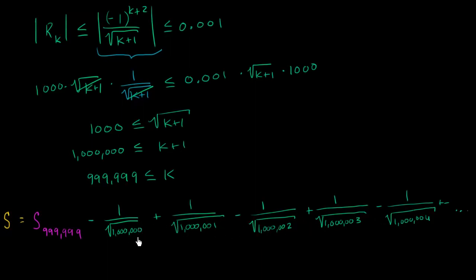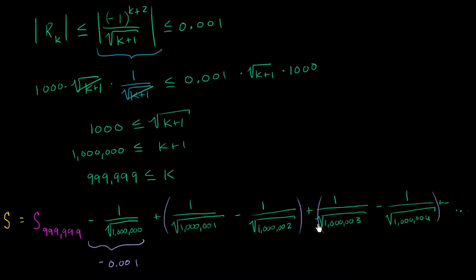Now, I want to convince ourselves that the absolute value of this thing is going to be less than 1,000th. It's going to be essentially less than the absolute value of this first term. So how do we think about it? This first term right over here is negative 0.001, because it's 1 over 1,000, and we have this negative right over here. Now, the first thing we could realize, if we just put parentheses like this, we see that this is going to be positive.